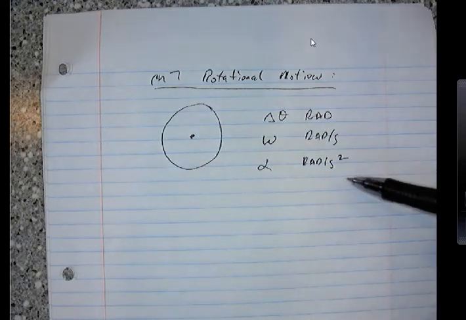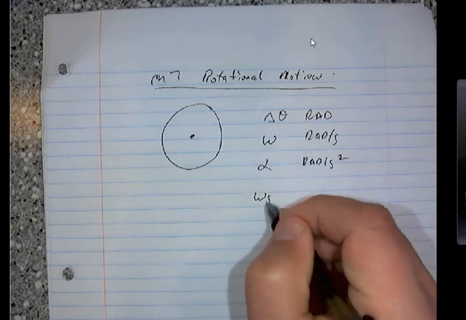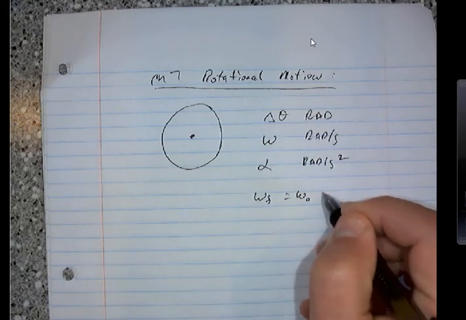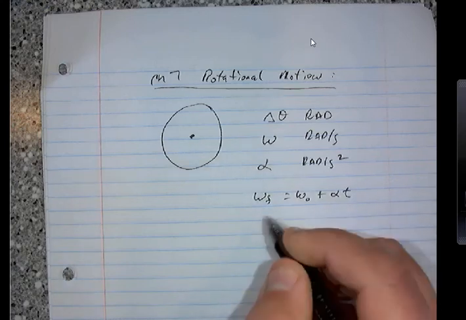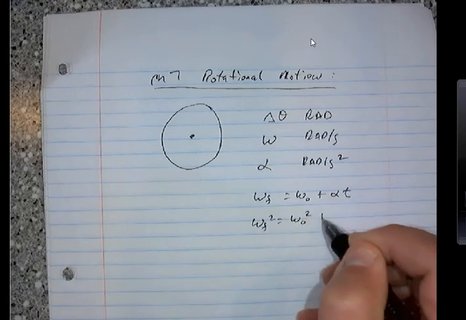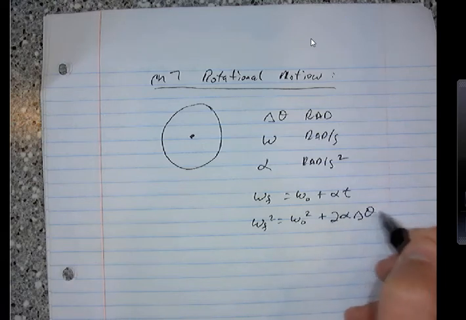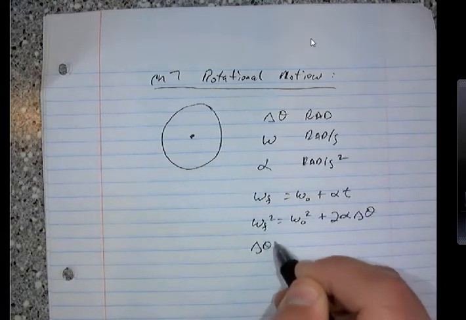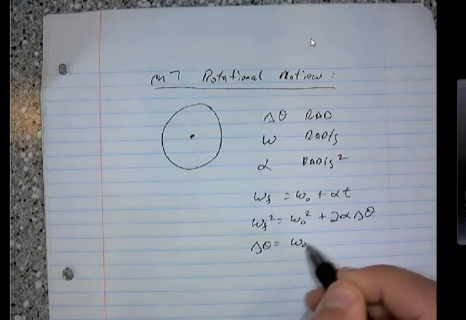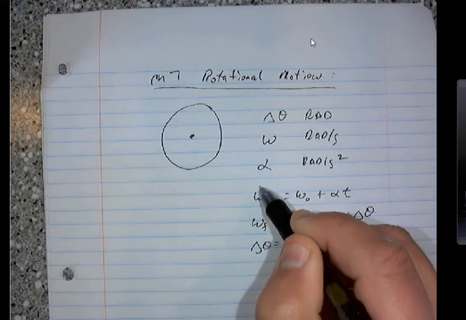And we had the whole set of kinematics equations that go along with this. So for example, omega final is equal to omega initial plus alpha times t, omega final squared equals omega initial squared plus 2 alpha delta theta, and then delta theta equals omega initial times time plus 1/2 alpha t squared.